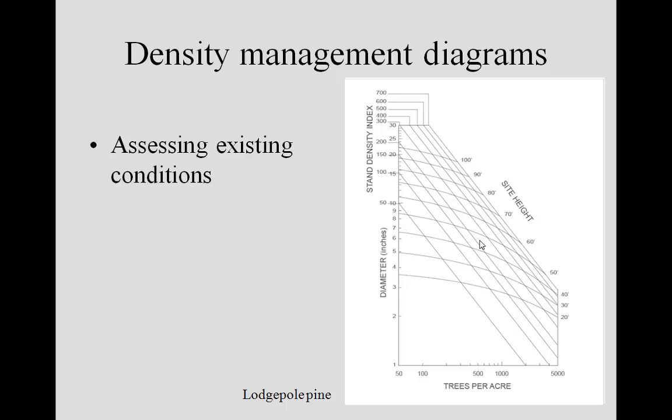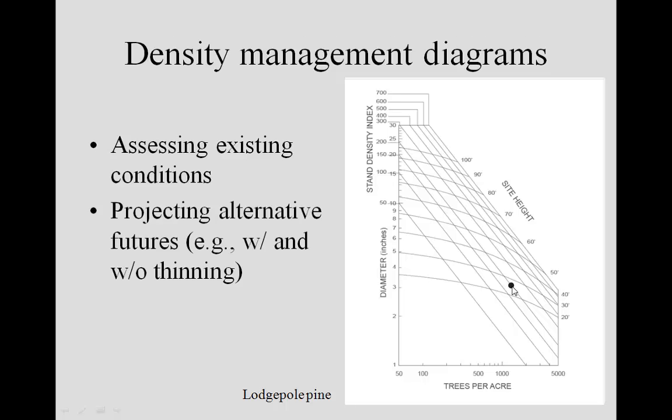Now we typically use them to assess current conditions. So here's our simple example of a density management diagram for lodgepole pine. We haven't got any volume lines on it. But if we have a current stand that has a combination of mean size, looks like about 3.5 inches, and maybe 1,500 trees per acre, you see its SDI. Looks like the average height of the site trees is about 25 feet.